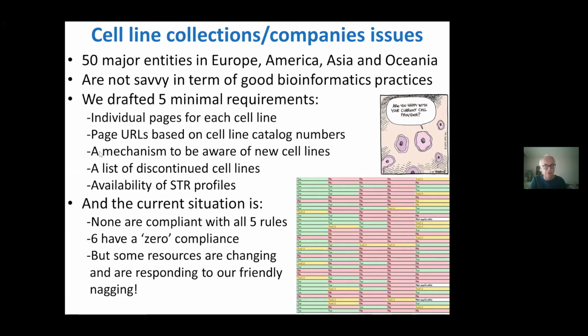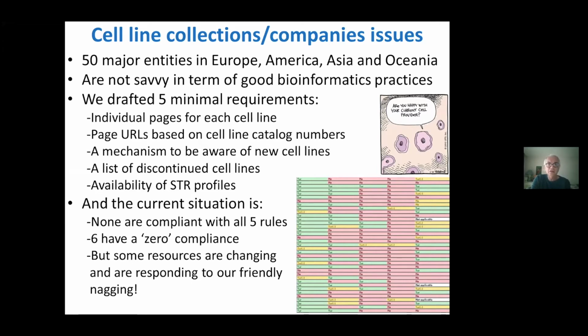Well, you see the rules and you understand what 0 means. Some are changing, but it's taking a lot of time because those collections did not think of themselves as providers of information. They think of themselves as providers of biological entities, cell lines or microorganisms, so to transition toward bioinformatics is something quite difficult for them.